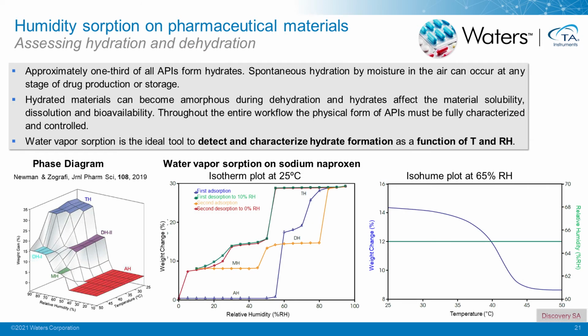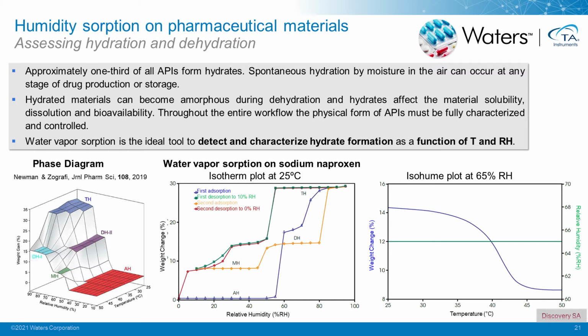Here we're looking at another API, and we're looking at the formation of hydrates. So within active pharmaceutical ingredients, about 1/3 of all APIs form hydrates, meaning the water is incorporated in some stoichiometric fashion into the crystal structure of the material.